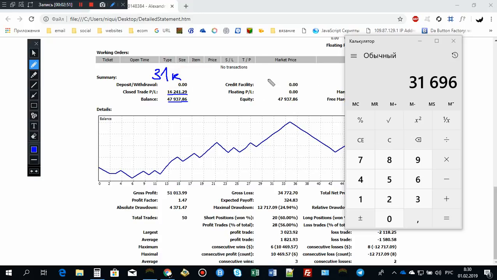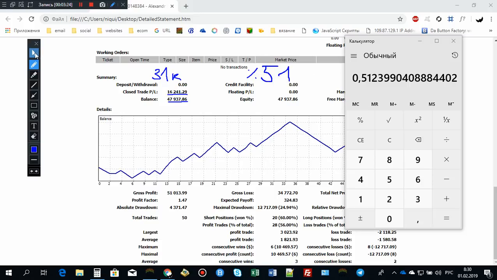And if you wish to know what was the percent gain of the month, you simply need to divide this 16,241 by this amount. Let's do that. 16,241 divided by this, what we remember here, and it is 51% generated this month, roughly 51, slightly greater.